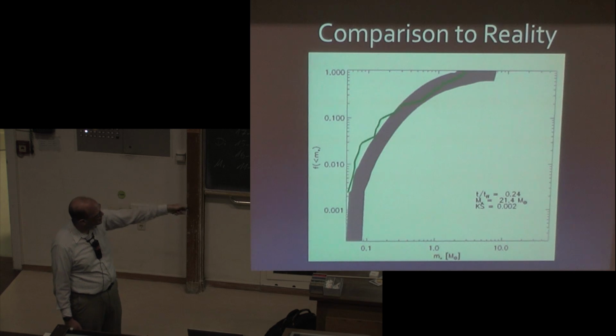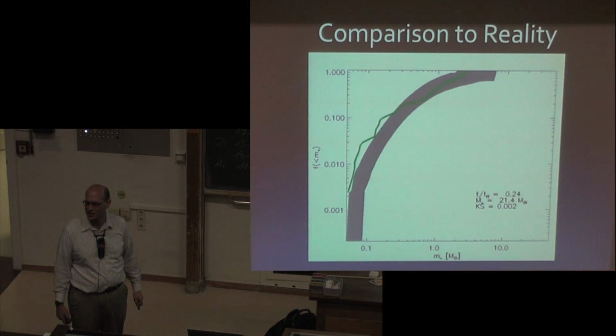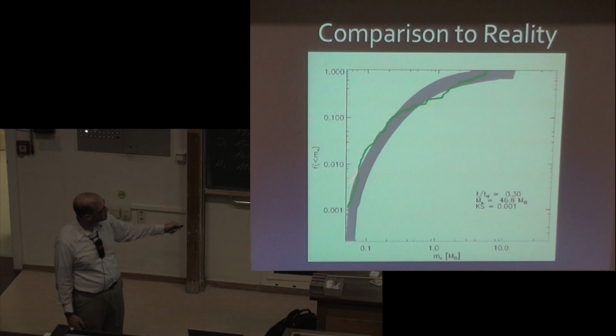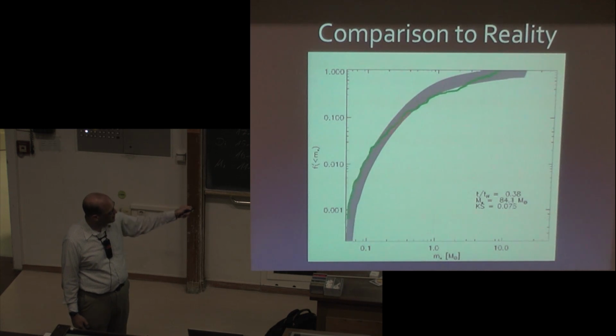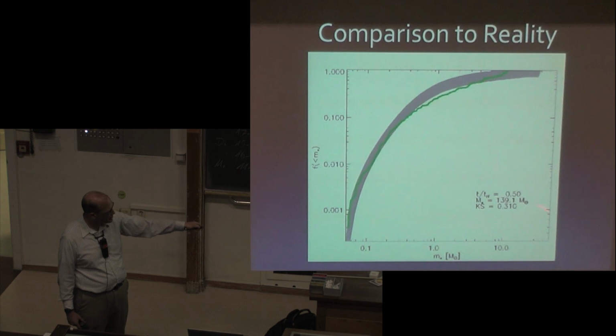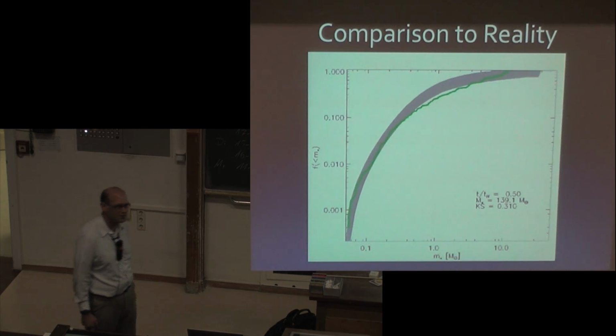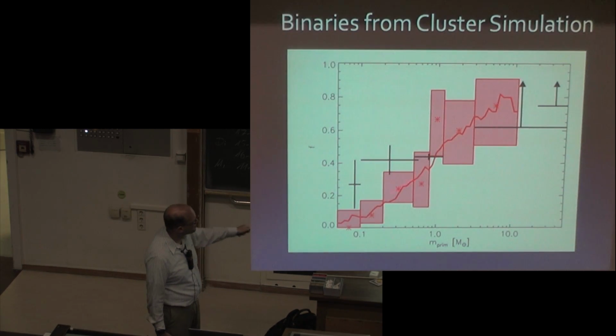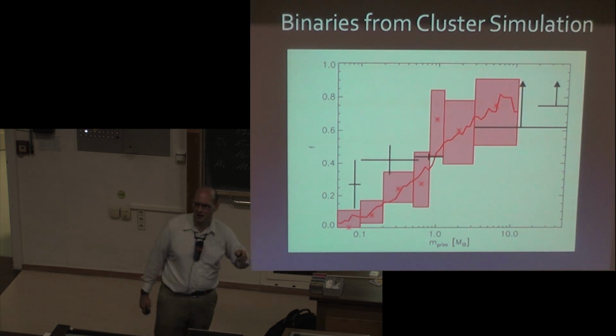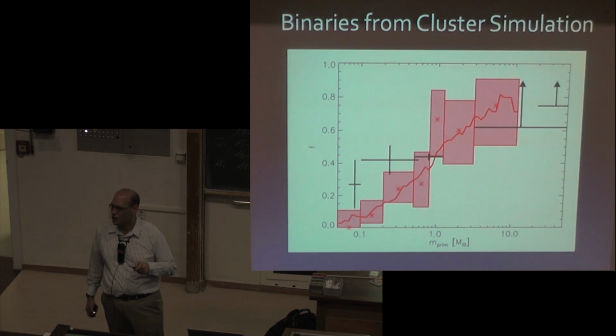So the green line should stay within the gray band as the simulation runs. Lo and behold, it does. The KS test says that the simulation mass distribution is consistent with the observed IMF, KS statistic of 0.3. As a bonus, we also get right the binary fraction as a function of primary star mass.